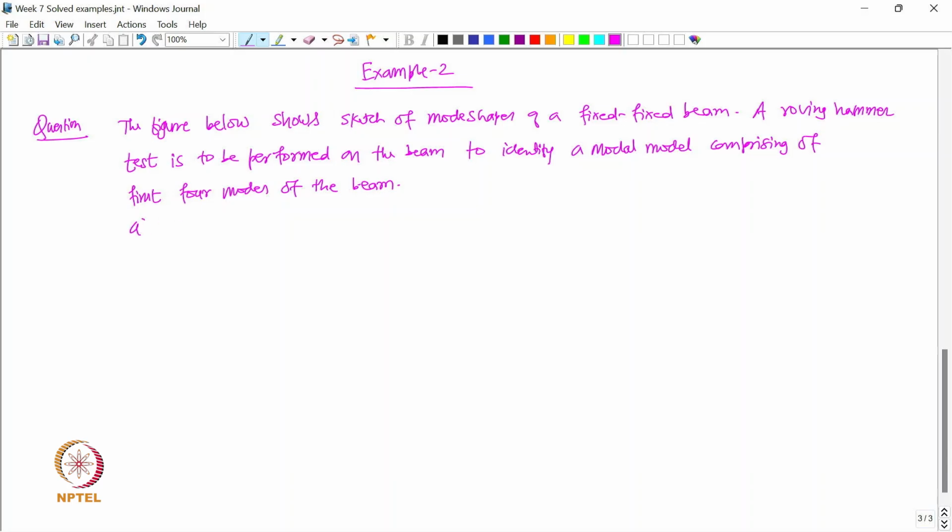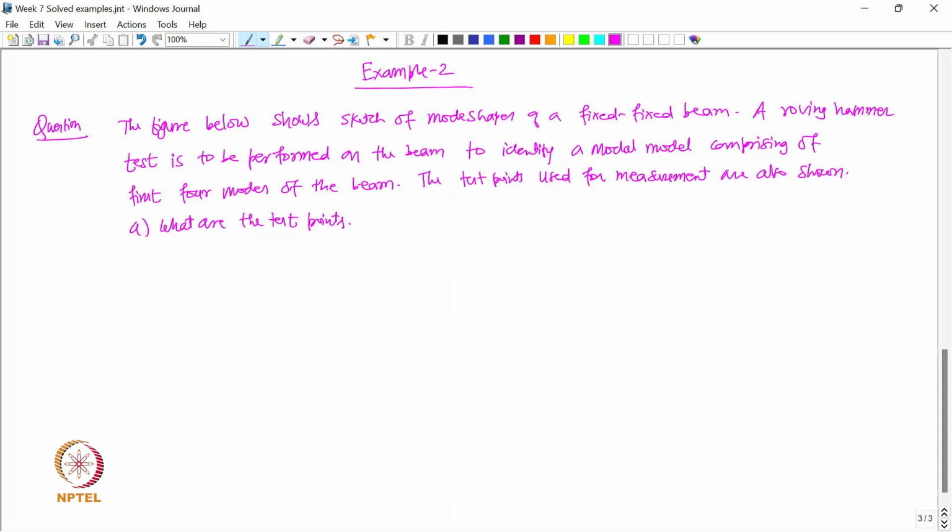I forgot to write one more line here: the test points used for measurement are also shown.